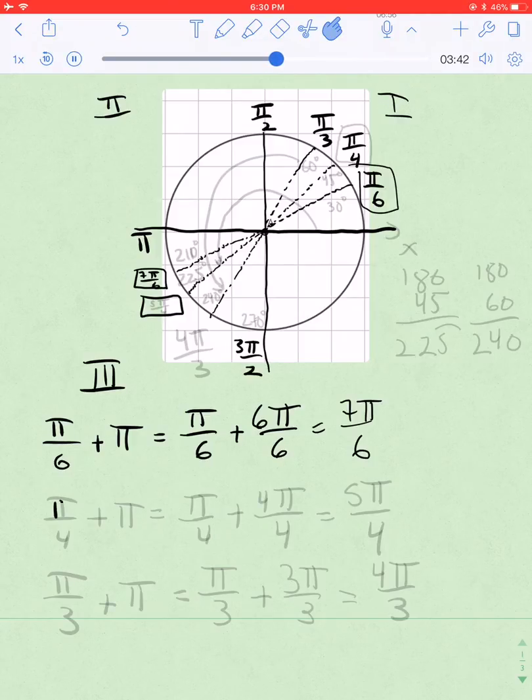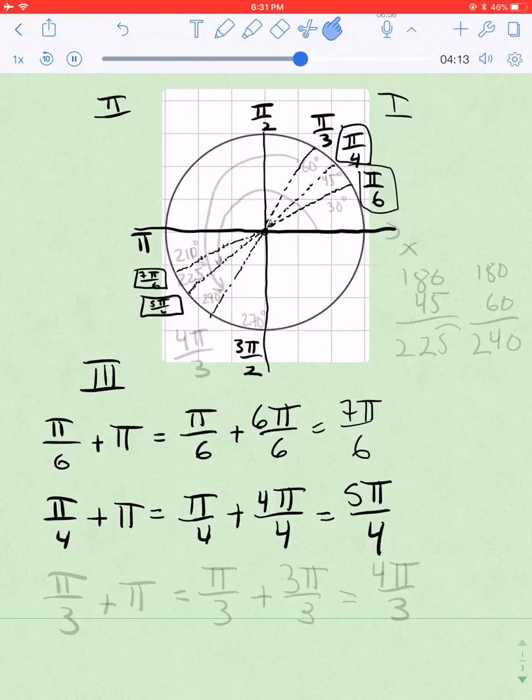Likewise, if we start with pi over 4 radians, that's this measurement here, and we add to it pi units of radians, then we can convert. This is pi over 4 plus 4 pi over 4, which leaves us with 5 pi over 4. This angle here is 5 pi over 4.